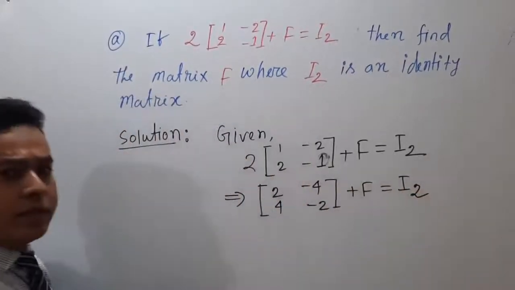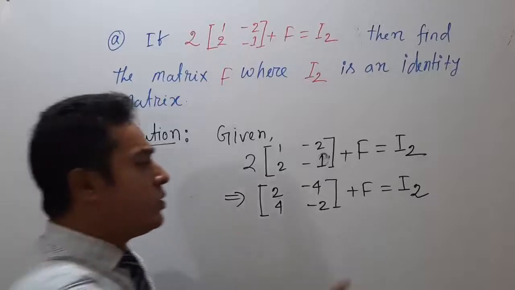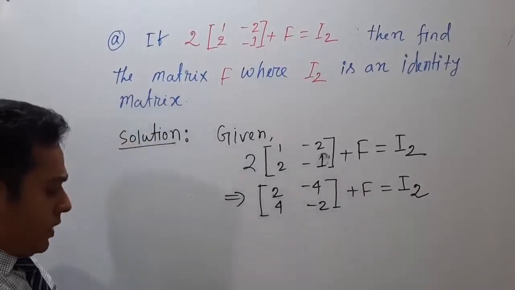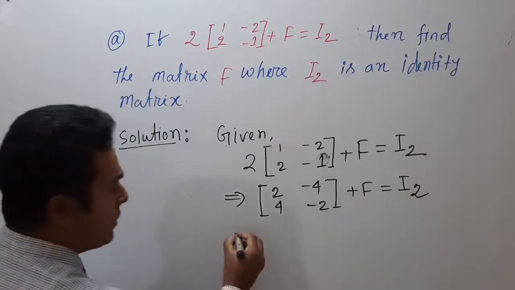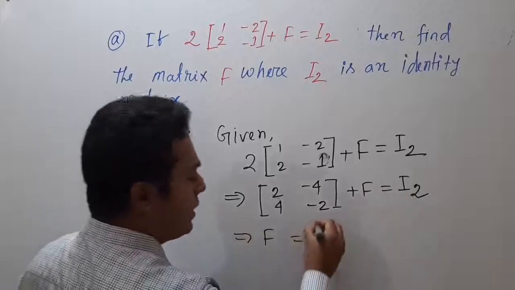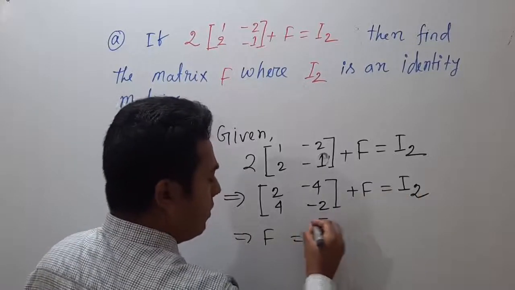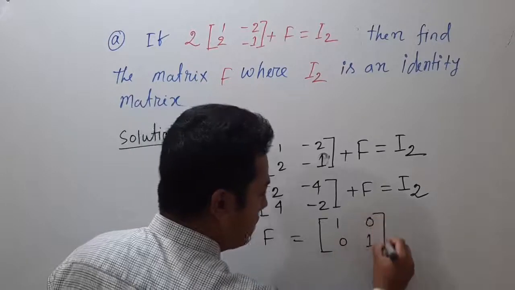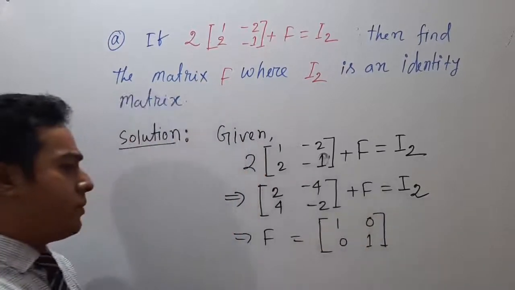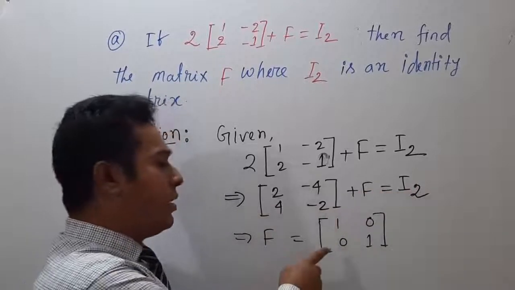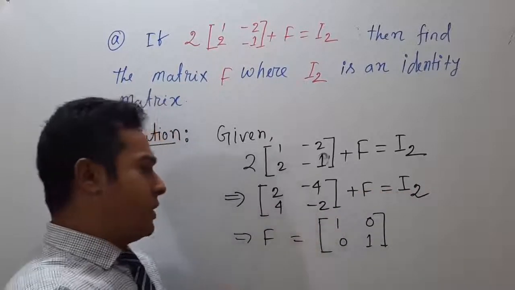I2 is an identity matrix which has 2 columns and 2 rows. Okay, now F is equal to I2, the identity matrix where 1 0 0 1, because this matrix is a 2 by 2 matrix, so I2 is an identity matrix with 2 rows and 2 columns.